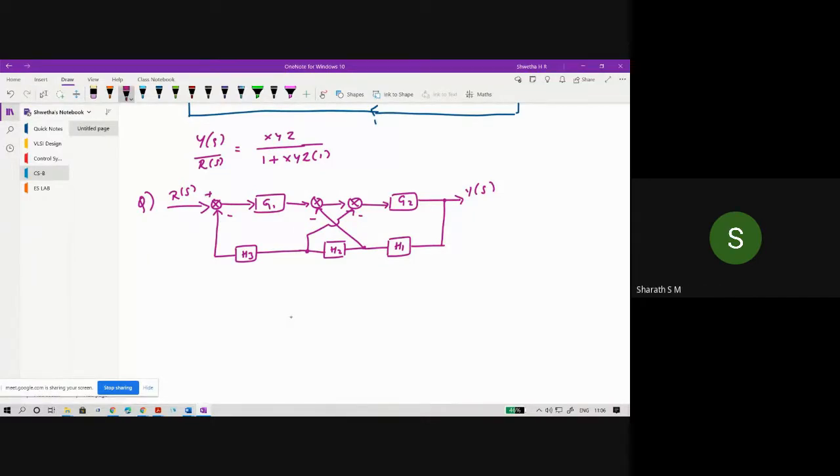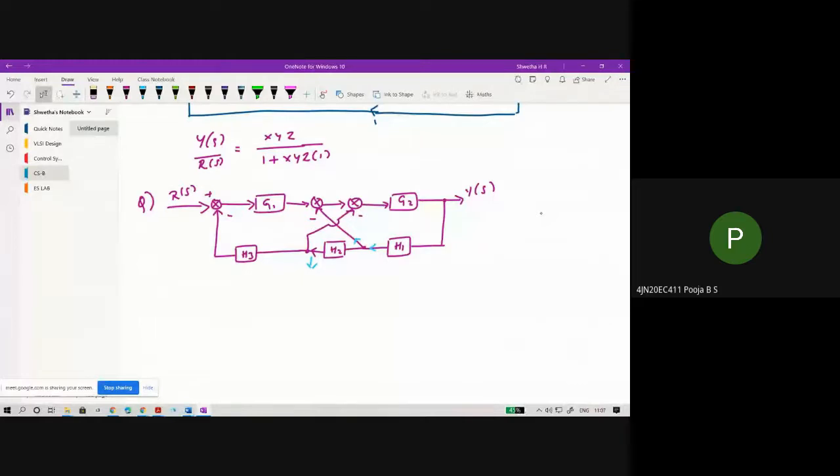So what are the feedback elements across this particular point? At this particular position, what is the feedback element here? Is it only H2 or H1, H2? What is the signal here at these two positions?